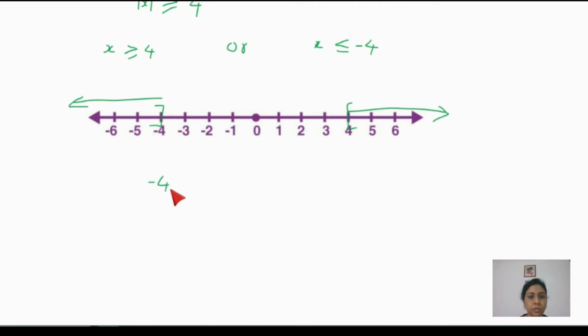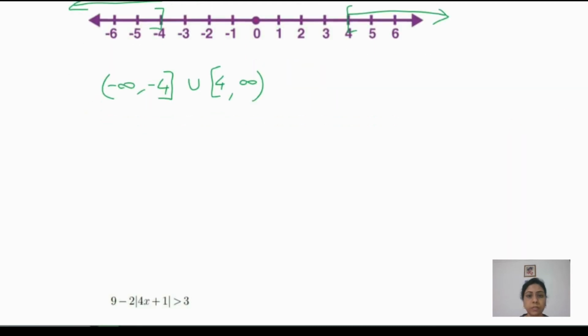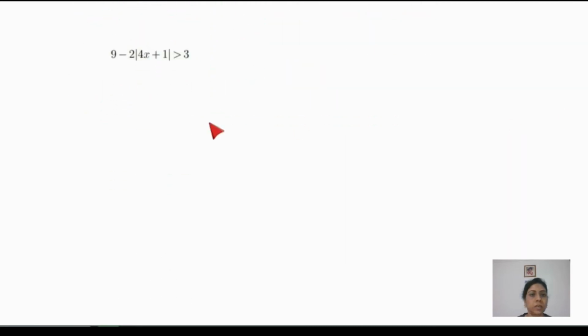So in interval notation: negative infinity to minus 4, included, union 4 included to infinity. Okay, very simple questions.